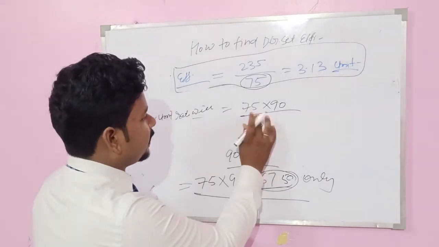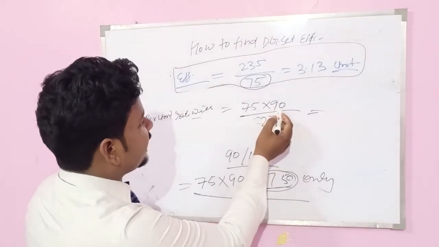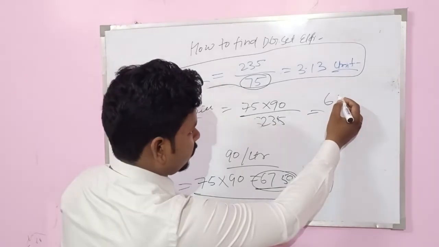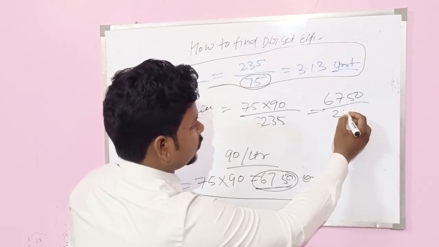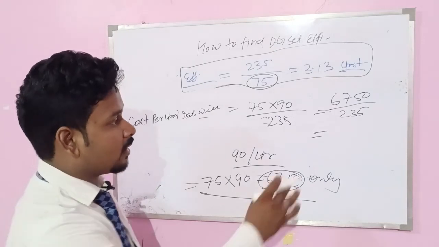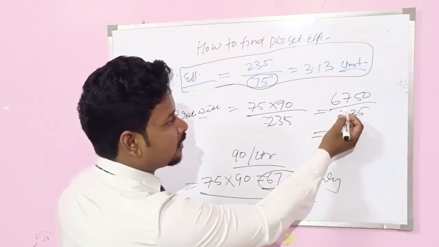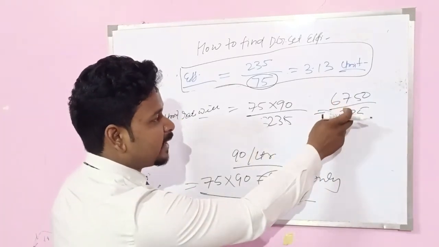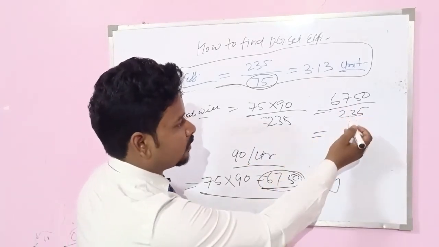Sorry, 235. So 75 multiplied by 90, you get 6,750 rupee, and this will be divided by the total generated units.